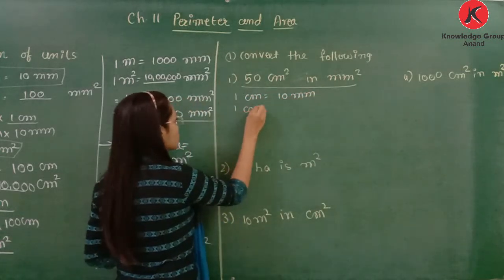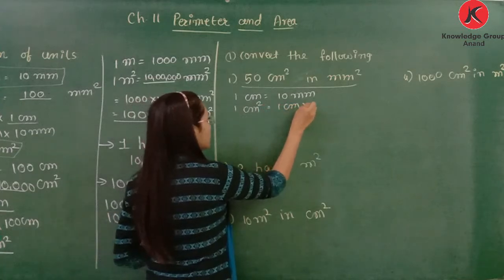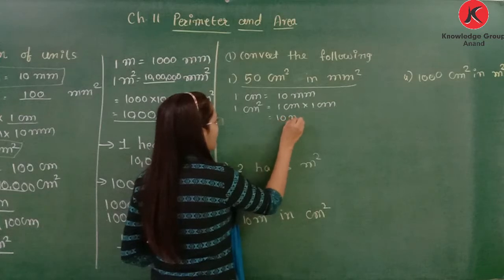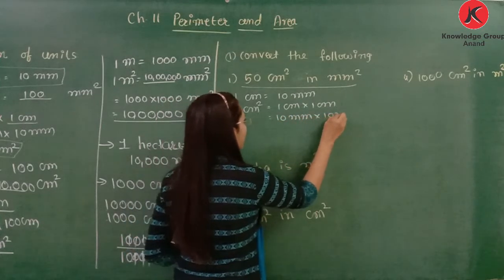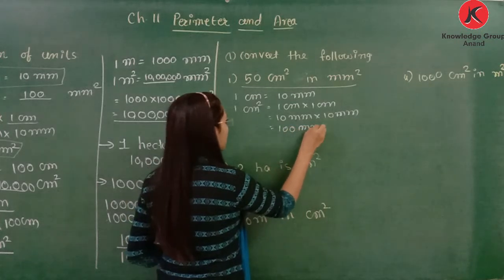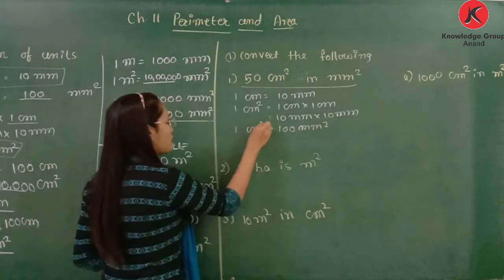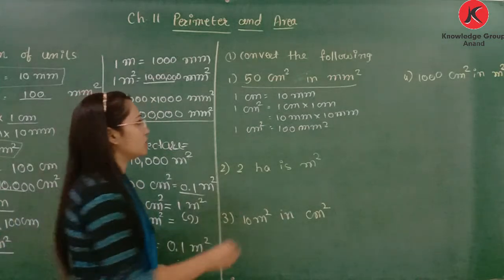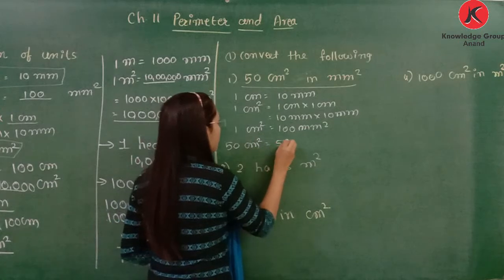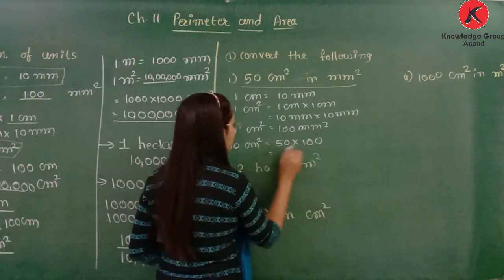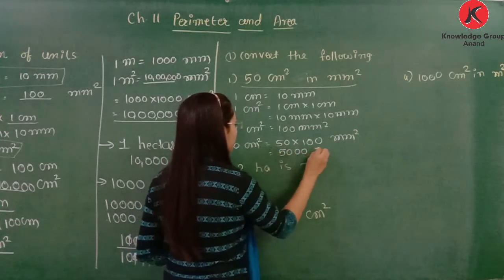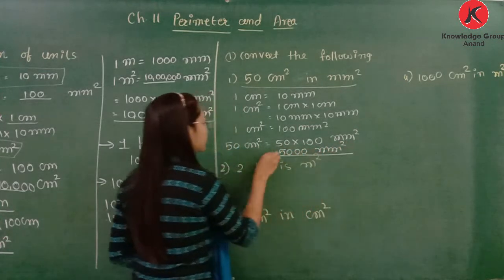So 1 centimeter square is equal to 1 centimeter multiply 1 centimeter, that is 10 mm multiply 10 mm. So it is 100 mm square. So 1 centimeter square is equal to 100 mm square. So 50 centimeter square is equal to 50 multiply 100 mm square. So that is 5000 mm square.